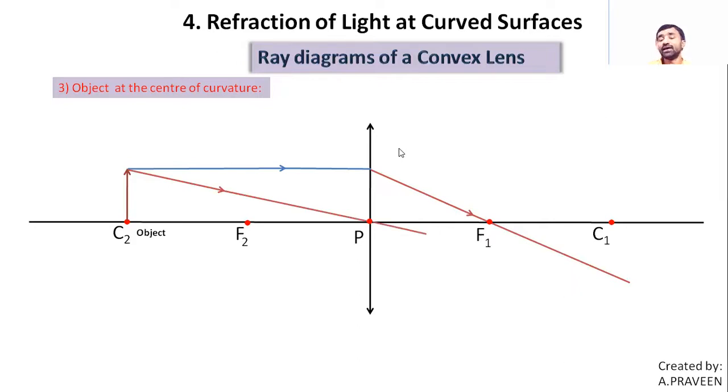Complete them. Then I get a converging point of these two light rays. From that point, I draw a vertical line onto the principal axis. That point is the converging point of the top of the image, so I'll get the image at this point.